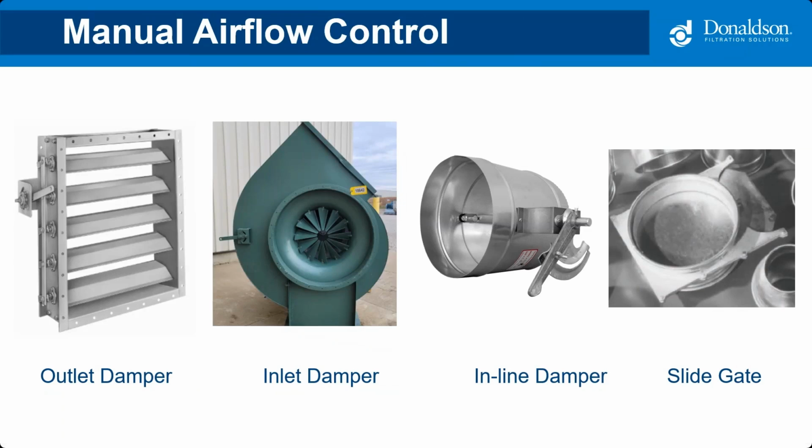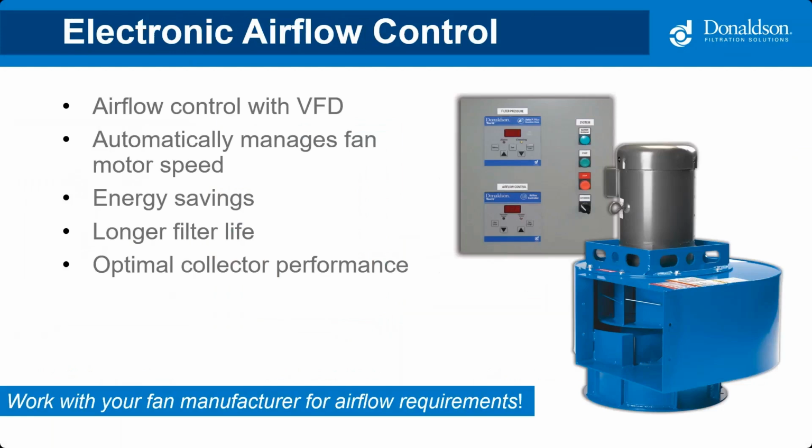They generally have a lever so that the operator can open or close the damper as needed. For example, immediately following a filter changeout, it should be closed to the point that maintains proper airflow. And then throughout the life of the filter, the operator should adjust the damper as needed to maintain the design airflow. This adds a lot of room for error, which is why most OEMs are recommending electronic airflow controls.